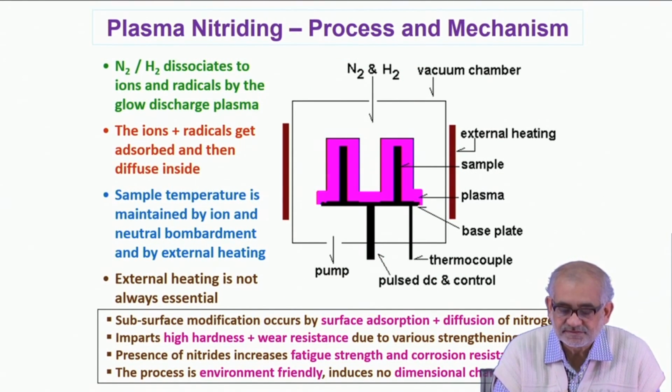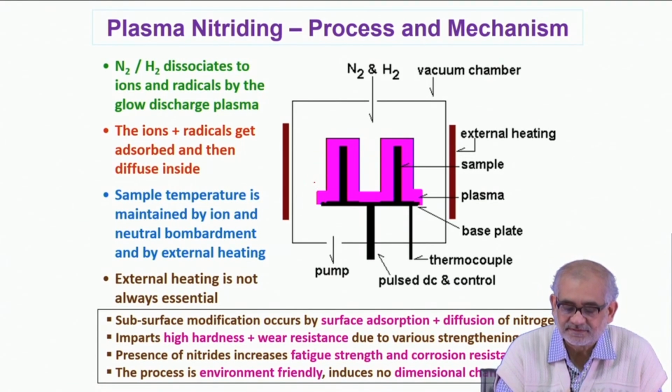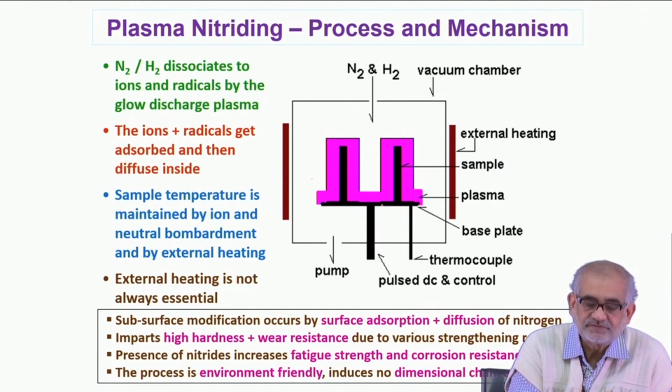So, this is a schematic cartoon to show that you actually have a violet or blue-violet sheath around the samples, and the sheath essentially is a certain concentration of ions. So, what we do is, when we feed in the nitrogen-hydrogen mixture, they dissociate inside the chamber and create the ions and radicals along with some density of neutrals, and that creates the glow discharge.